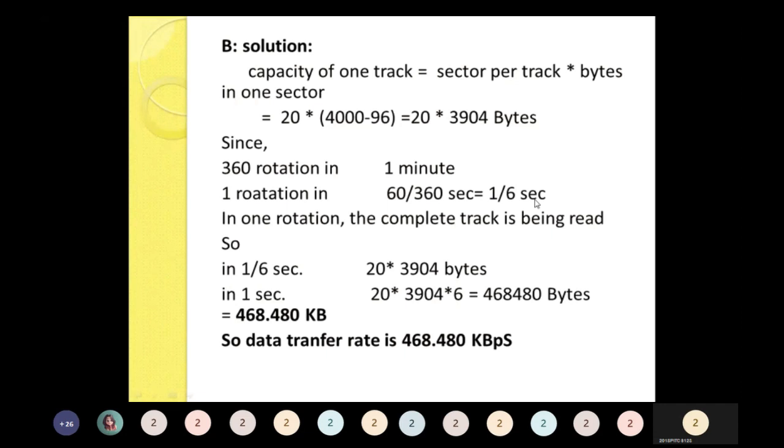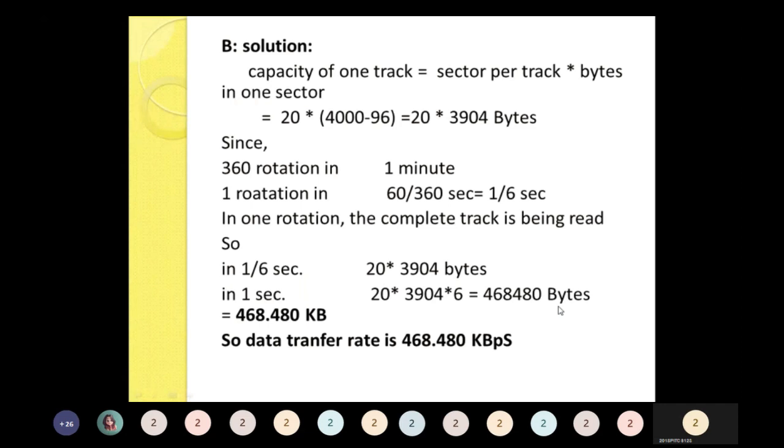But we have to calculate not for 1/6 second, we have to calculate for 1 second. So 1 second equals 20 into 3904 into 6, and I'm getting 468,480 bytes.